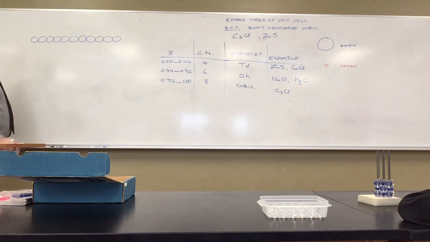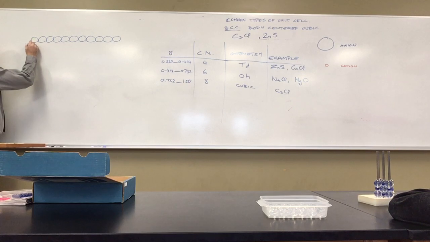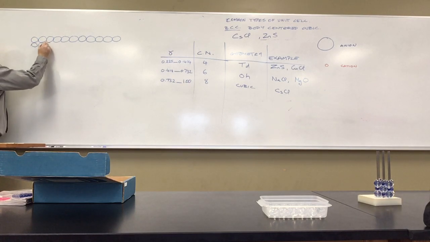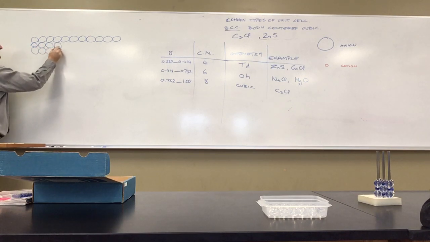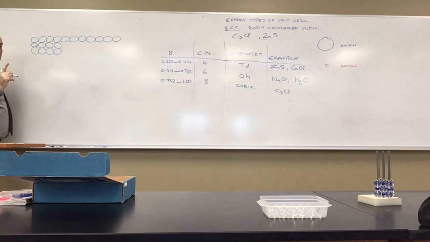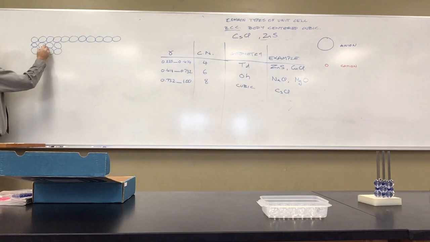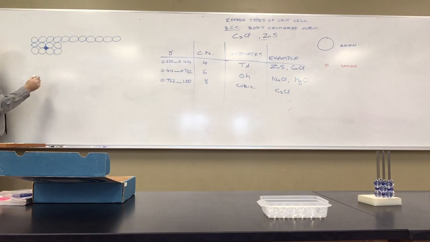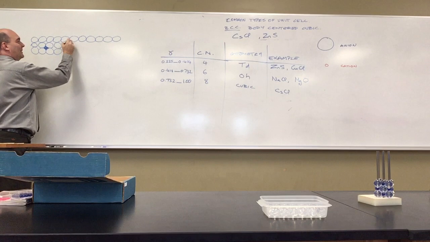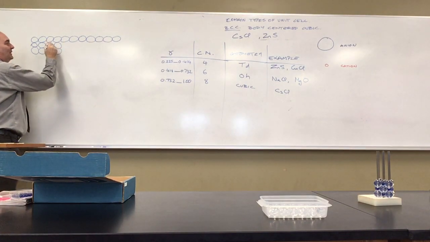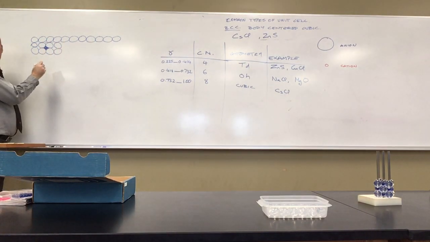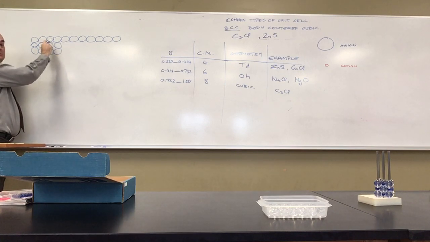My second row, see this? If I did this and drew another set of rows, that's not close packed, because I can do better than that. See how big this gap is? That gap right there. I can forego that if I don't have these spheres touch each other right at the apex.